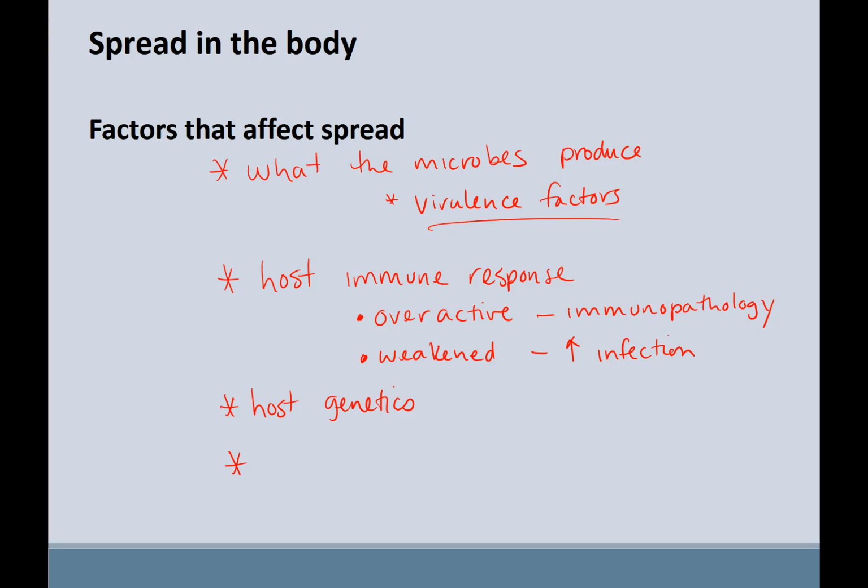And finally, the microbial genetics. And here I'm really talking about mutations. So has the microbe changed so that maybe your immune response can't recognize it as well, or maybe it's producing something more virulent or giving it some kind of advantage? So these are different depending on the pathogen and depending on the host.